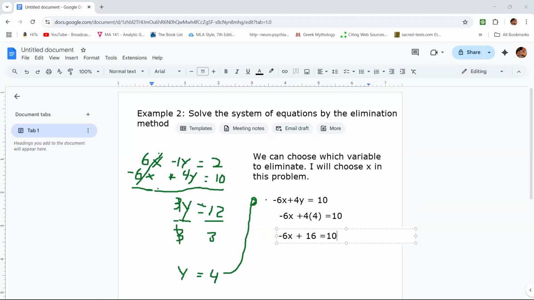Okay. Now, before I continue here, this 4 in parentheses is this 4 here. This 4 is this one on the outside.